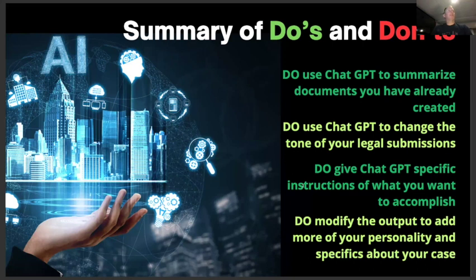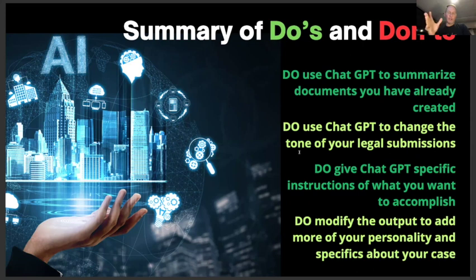So here's a summary of the effective do's and don'ts of using artificial intelligence for yourself and for your case. You do use ChatGPT to summarize the documents you have already created. One gentleman was talking earlier about taking the emotional tone out of an email or a submission or a communication.